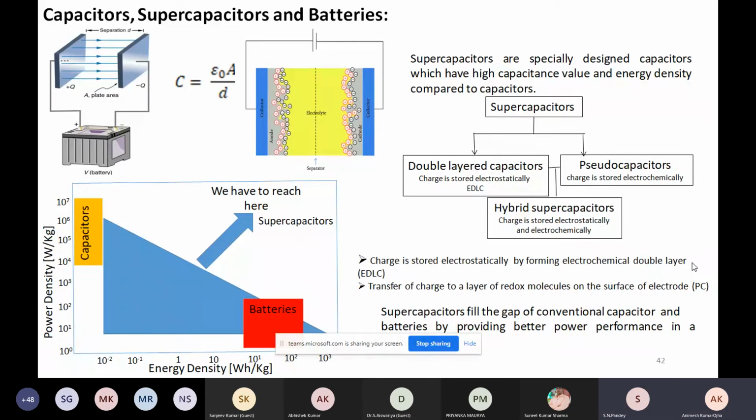Yeah, sir, as I said, while designing this energy harvesting material, we first have to focus on whether that material has the optical band gap. This band gap must lie in the visible region.